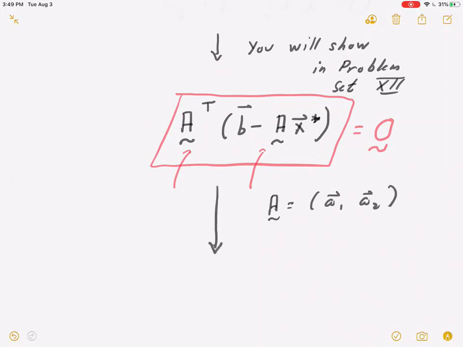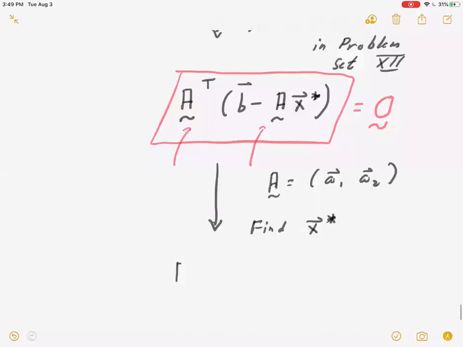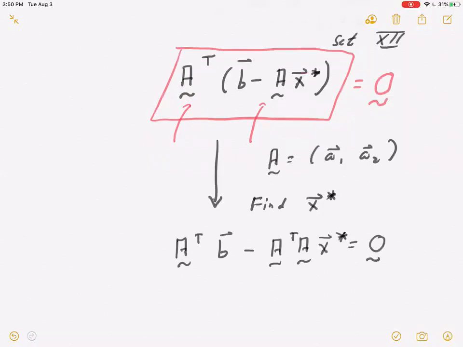So the remaining thing we need to do is find X asterisk. So let's expand this equation out. The transpose of A times B minus the transpose of A times A times X asterisk has to equal the zero matrix.